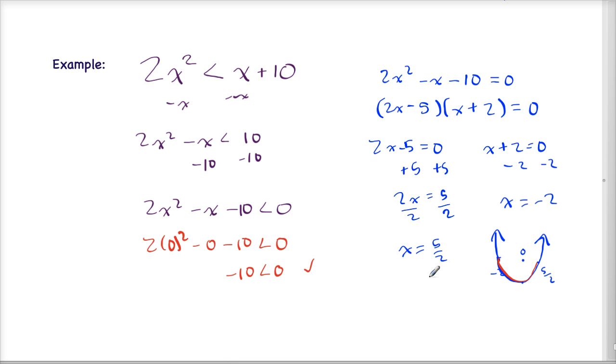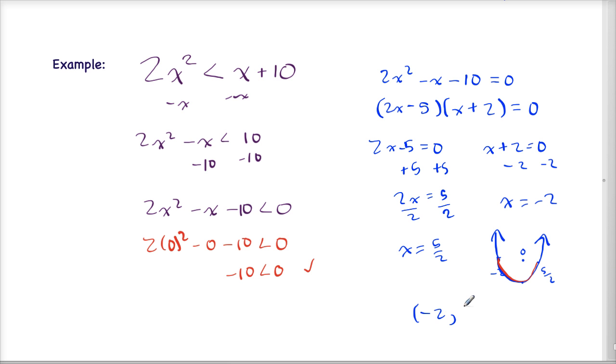So now we want to answer our question, our inequality, using the appropriate interval. And so our final solution is that 2x squared less than x plus 10 is valid for the interval where x is between negative 2 and 5 halves, and we are not inclusive because it's just a less than, not a less than or equal to.